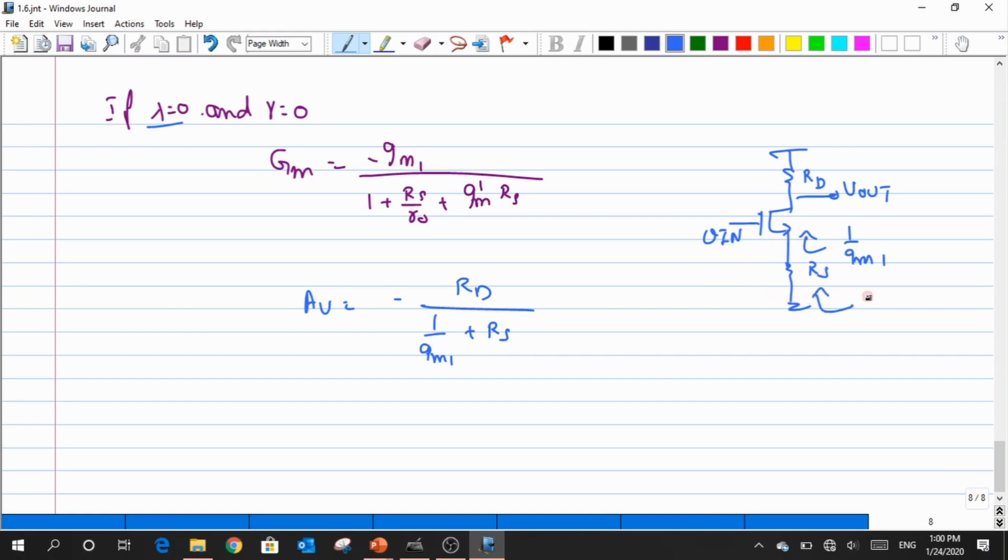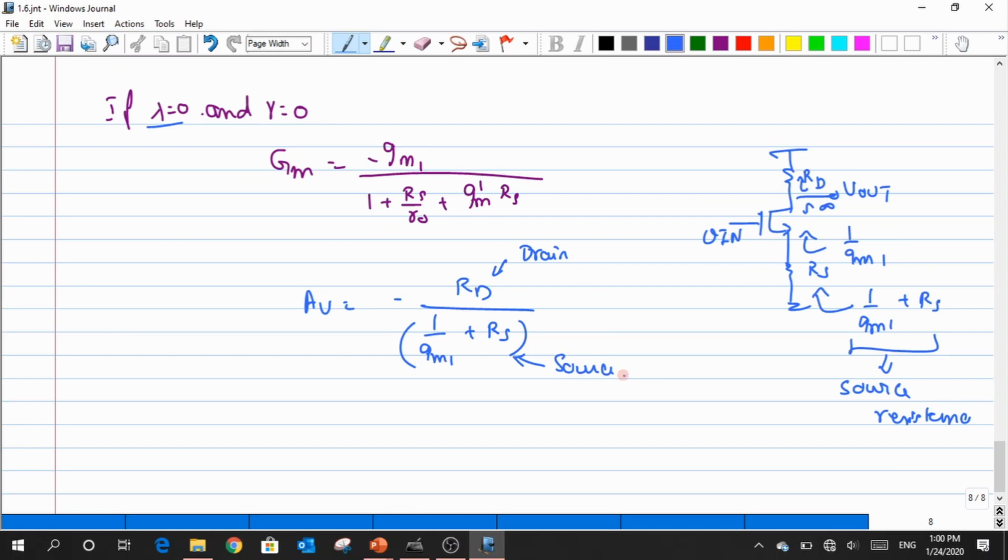Effectively, what I'm seeing here is a summation of 1 by GM1 plus RS. So this entire resistance is nothing but my source resistance, right? What about this RD? When I look up, drain resistance, and when I look down, I'm looking at an infinity. So they are both in parallel. So what I have here is nothing but my drain resistance, whereas at the bottom what I have is a source resistance.